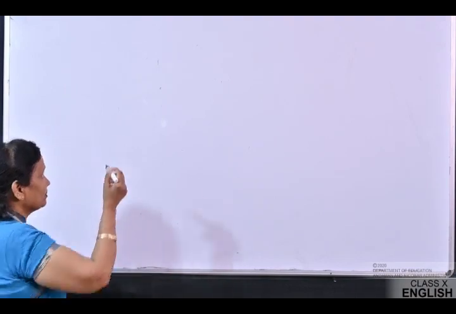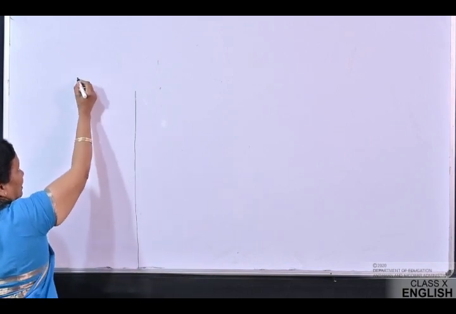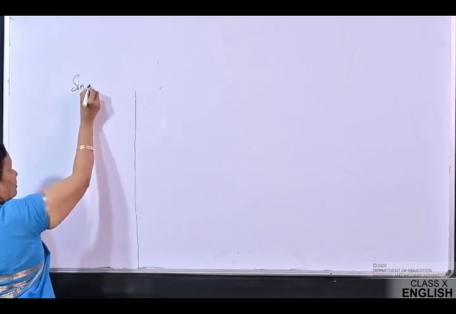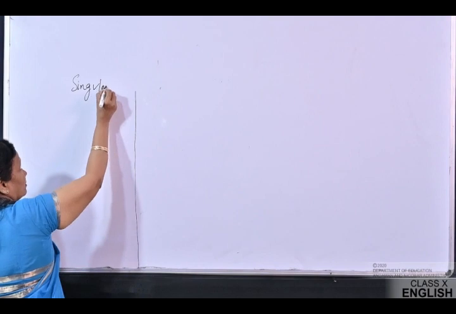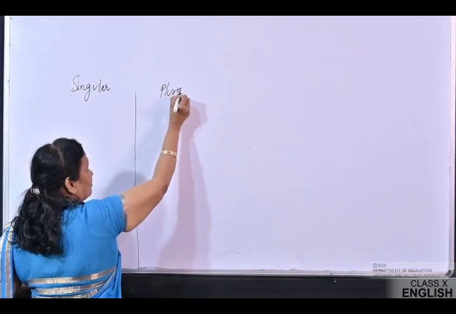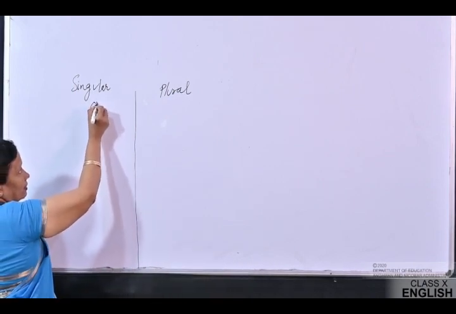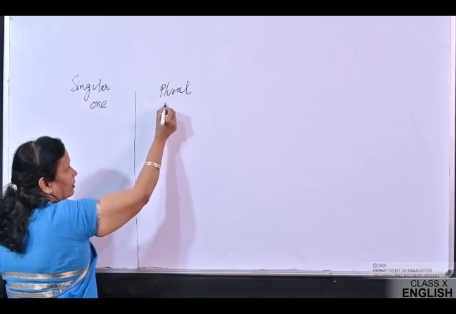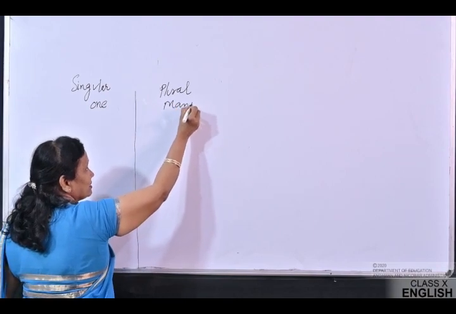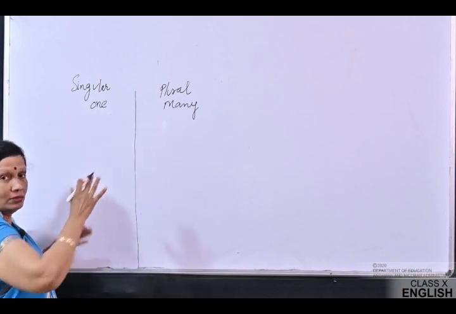So let me just explain it to you. Maybe here let us write singular and plural. Here singular means one and plural means many. So we need to remember this.